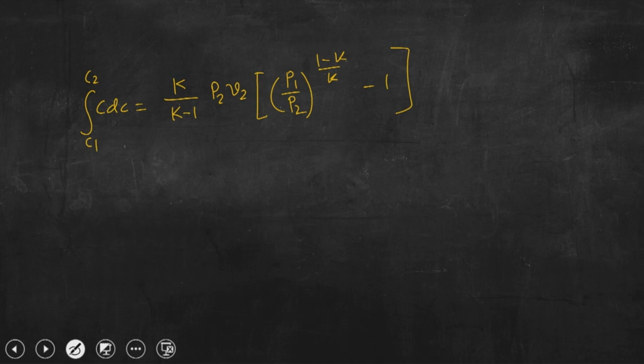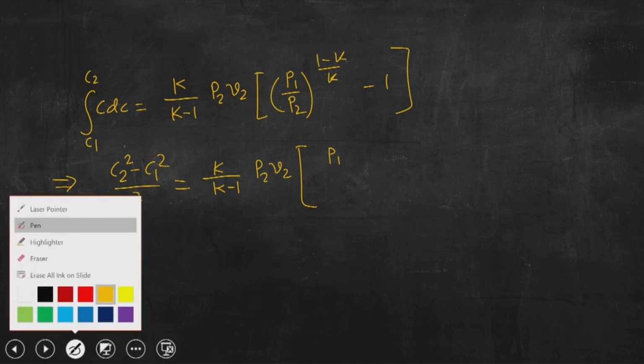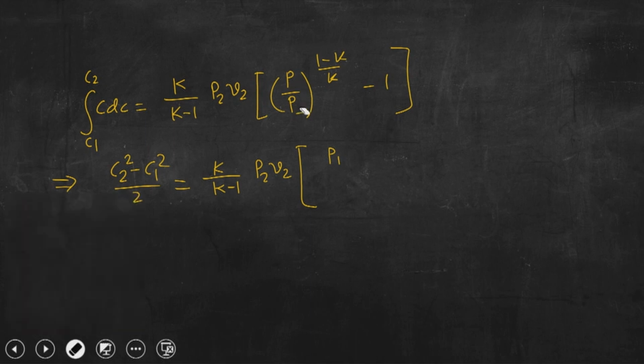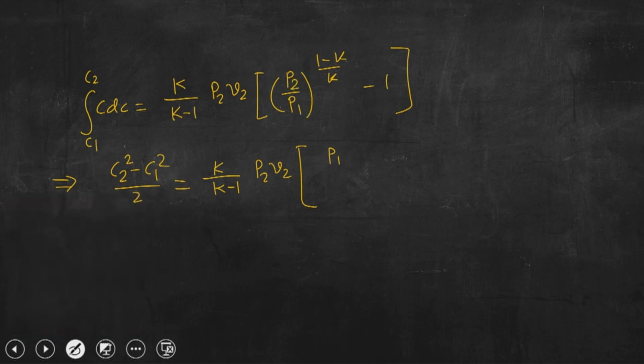So, what we can write here is that C2 square minus C1 square by 2 equal to k by k minus 1 into P2 V2 into P1 by P2, or sorry, this is again not P1, we are trying to write it in terms of P2.